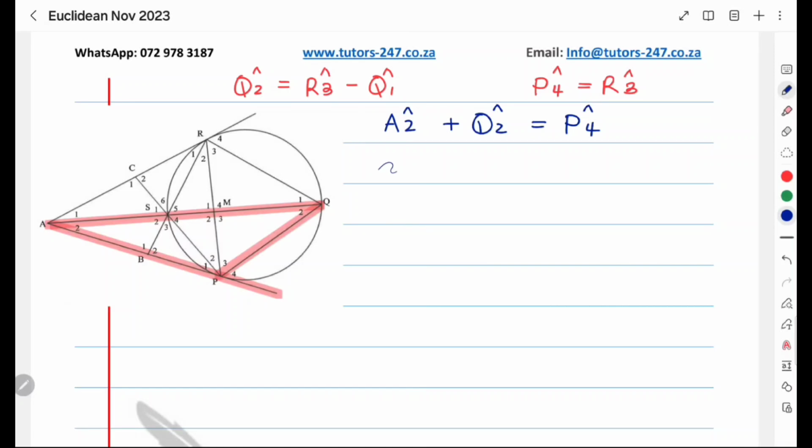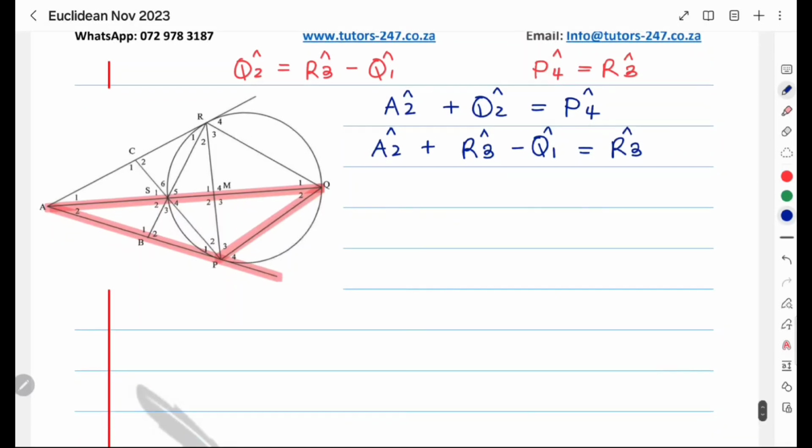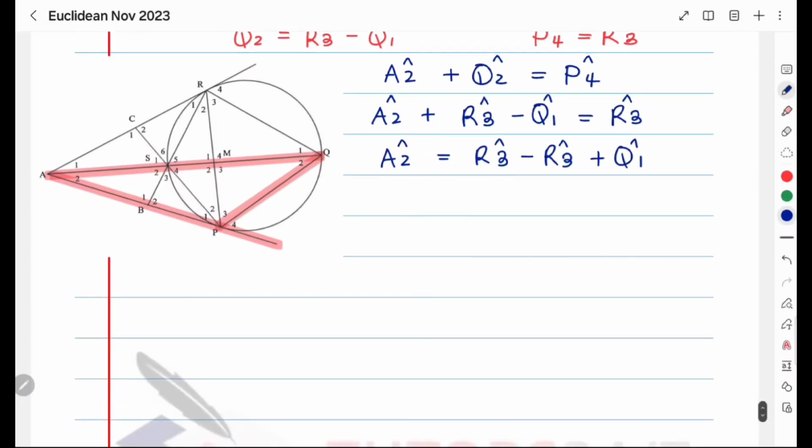From here, we are going to substitute. So A2 plus R3 minus Q1 is equal to R3, since P4 is equal to R3. From here, we are going to move everything that is not A2 to the other side. So R3 minus R3 plus Q1.